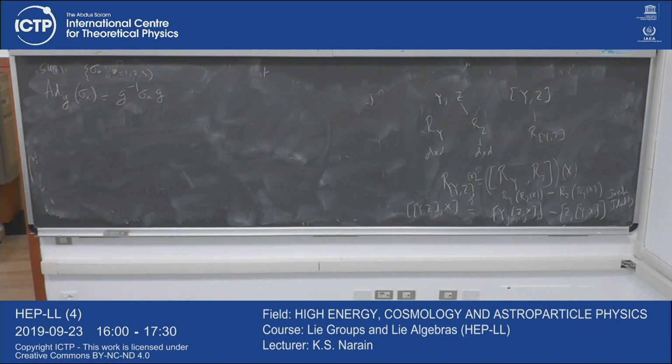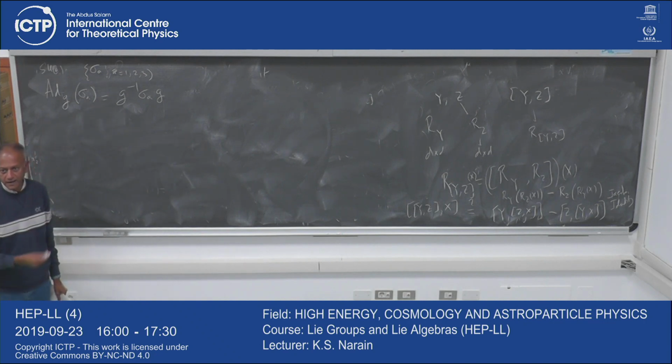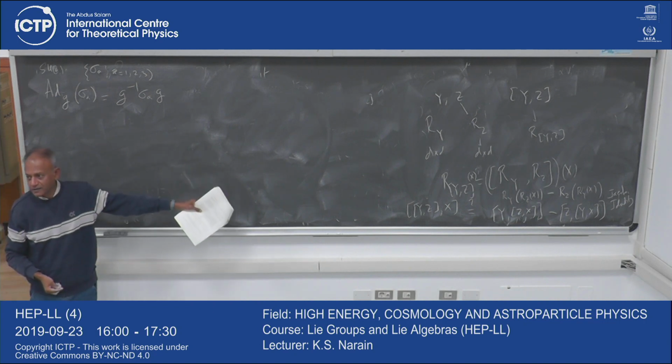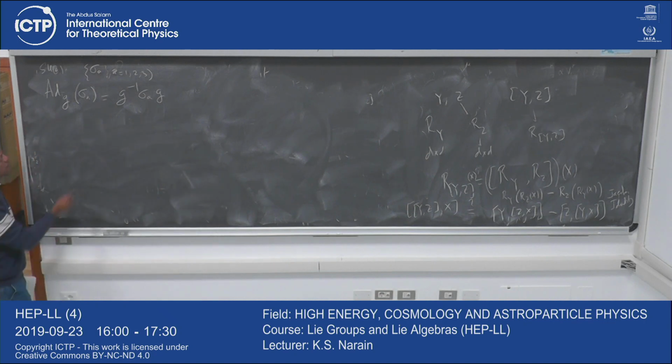So let's see. We have already seen from a general argument that this is going to be an element of the Lie algebra, but now let us explicitly check it. That was a more abstract argument, but here we can explicitly check. After all, what were these Pauli matrices? These were the basis for all the 2 by 2 Hermitian traceless matrices.